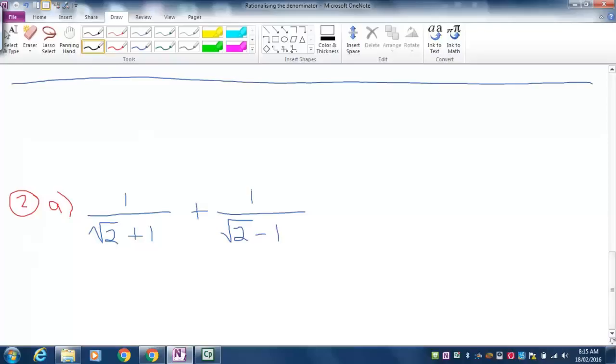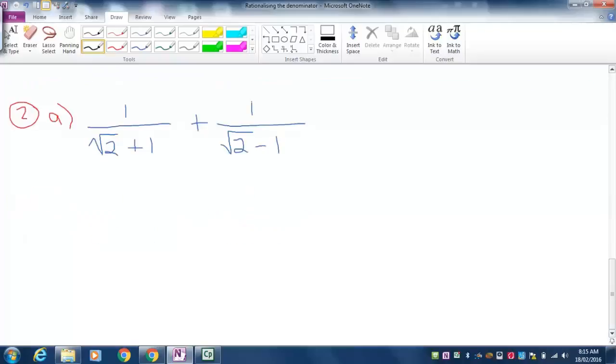Okay, a slightly harder one again. It's not quite as hard as it looks. We just need to remember our fraction rules for adding and subtracting. So in order to add these two fractions, I need a common denominator. So on this first one, I have a root 2 plus 1. I need a root 2 minus 1. So I'm going to cross multiply by root 2 minus 1.